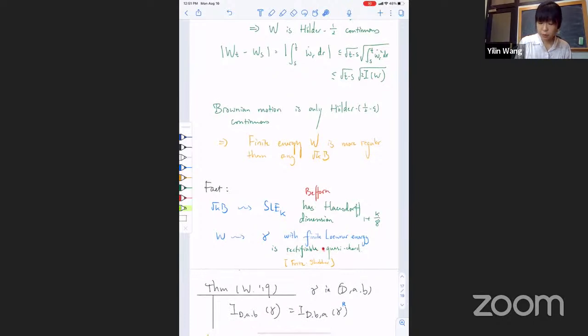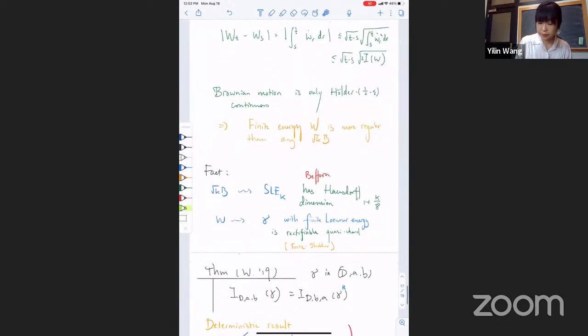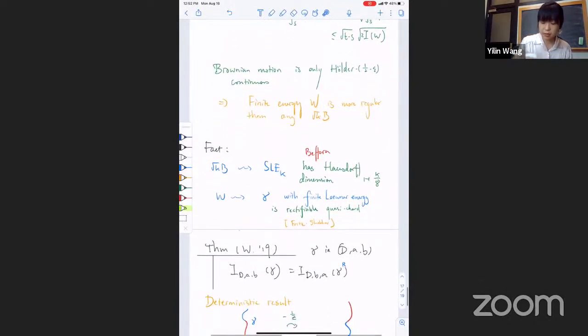It's a rectifiable quasi-circle, another type of curve in quasi-conformal mapping. I will talk more about it tomorrow.